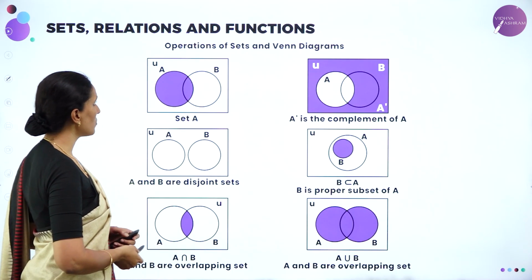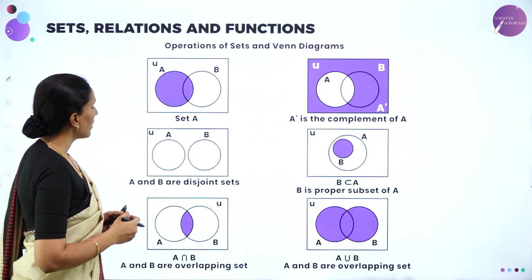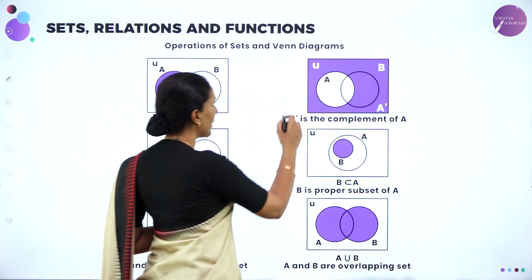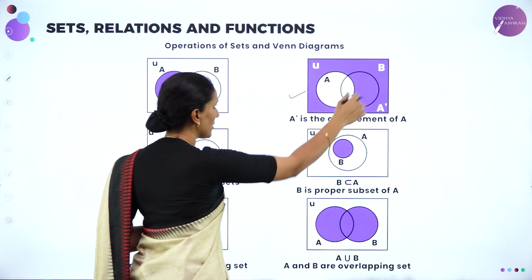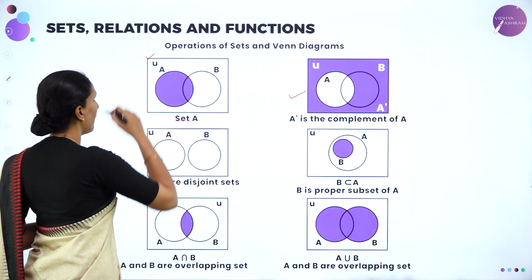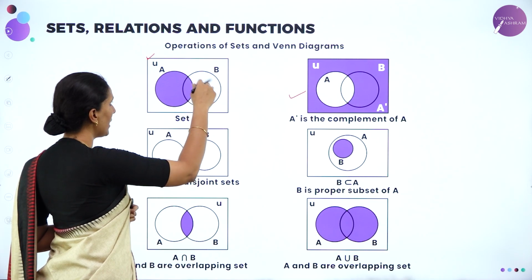Now, other operations on Venn diagrams are represented in this form. The very first clearly represents the complete set A, and here it represents A dash, that is, the complement of the set A. We know this rectangle represents the universal set, and we have two sets A and B here.